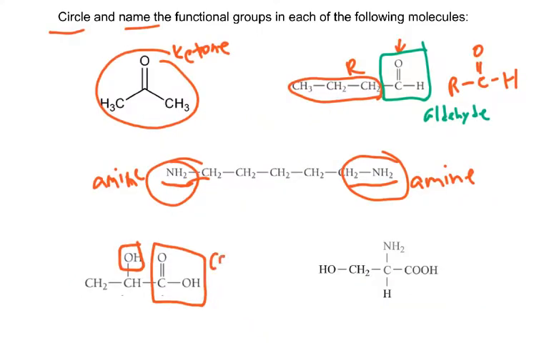So this is a carboxylic acid group. It's an organic acid. This hydrogen likes to get lost and fall off or be donated as an H+, hence the acid. That's just a fun fact for you.